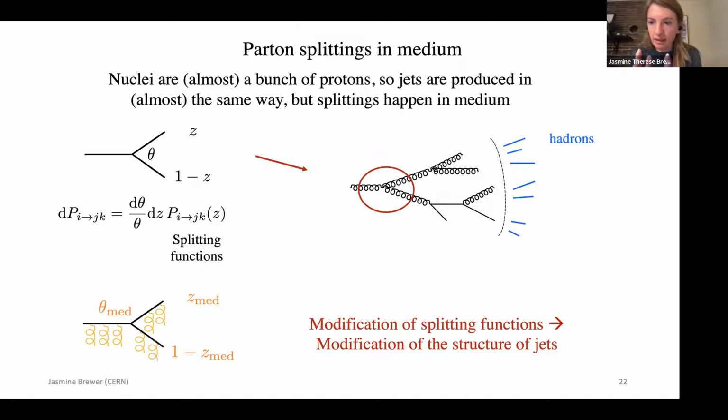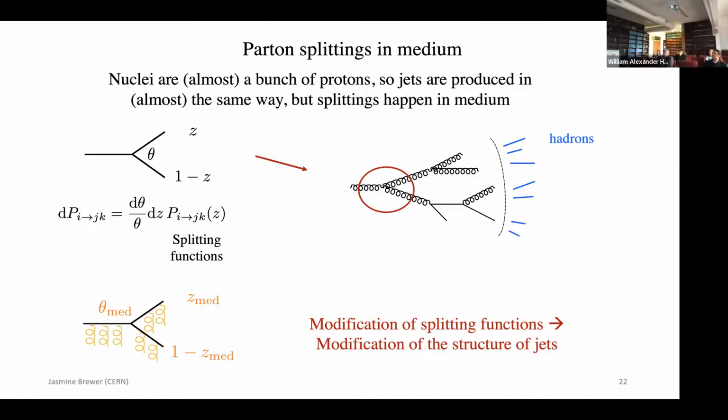So they use that to factorize the perturbative QCD, or PP physics, at higher scale. They say this initial part of the vacuum-like radiation happens very fast, and it basically happens as if the medium wasn't there, because it happens so fast that there isn't time for substantial interactions with the medium.